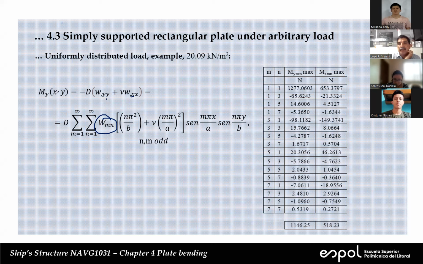This is what you have again. You see that using one term, in the y direction, I got 1277, and using all of these terms, you have 1146. So I would say this is a nice approximation, right? Because the other terms contribute some, but not that much.